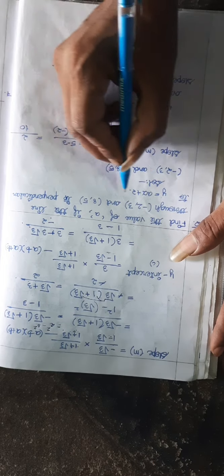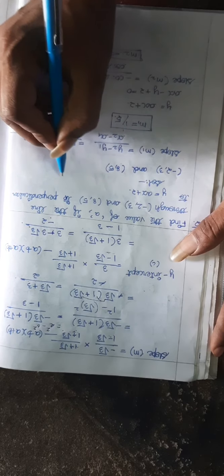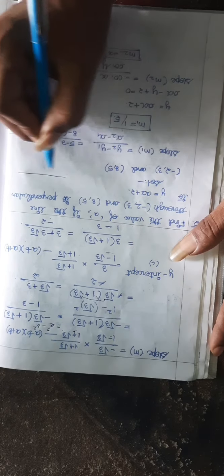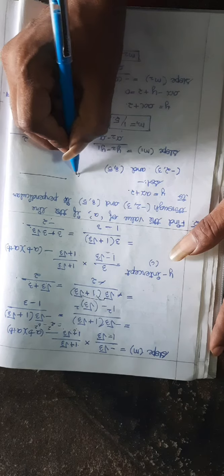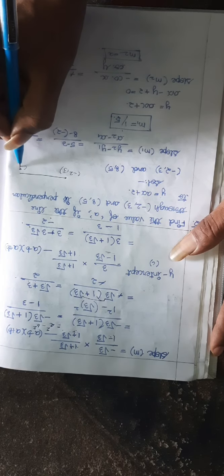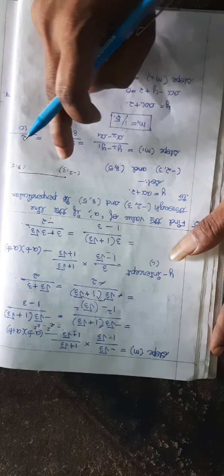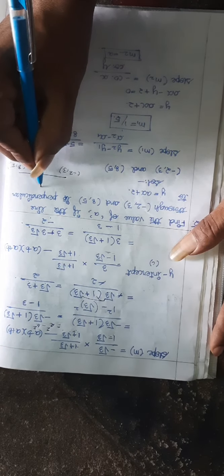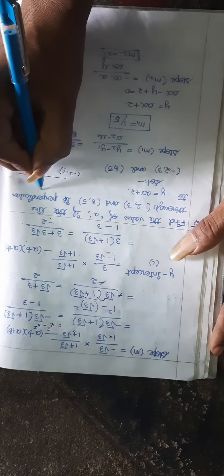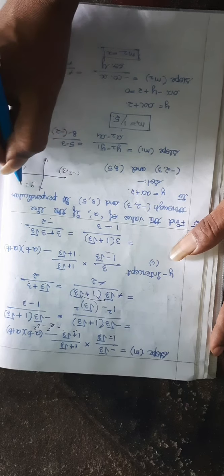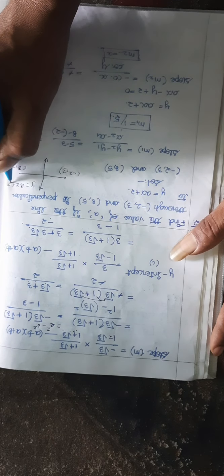Here, first the equation of the line passing through the points (-2, 3) and (8, 5). This line is perpendicular to the second equation, y = ax + 2.